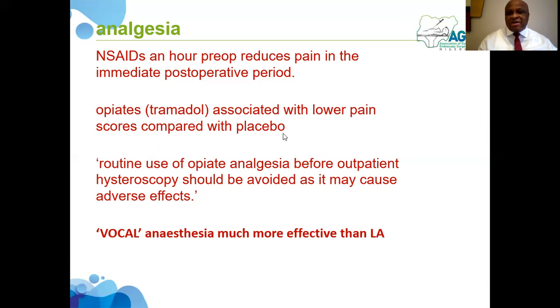Opiates, including tramadol, have also been found to lower pain scores, but also they don't tend to reduce the pain during the operation and have been generally discouraged because of adverse side effects. Local anesthetic remains the most effective form of anesthesia.